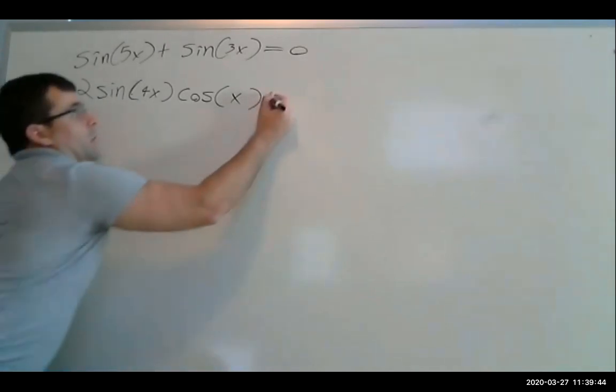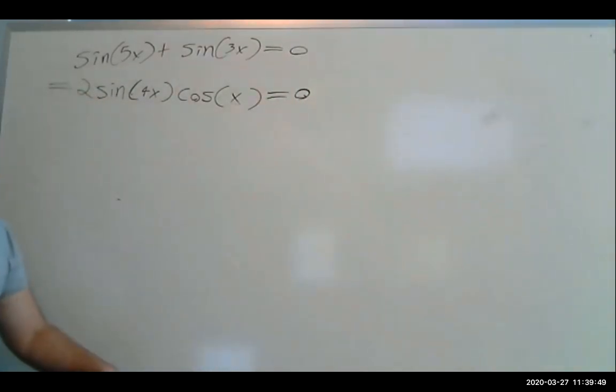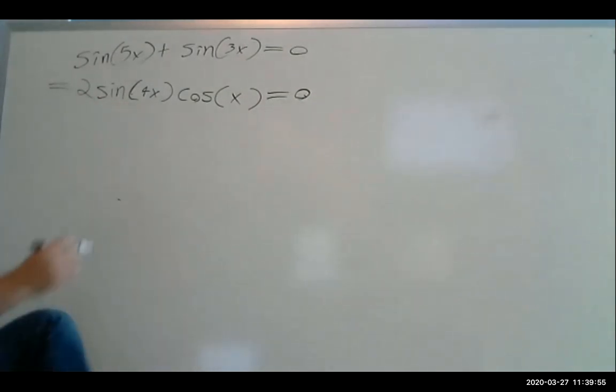So this equals 0. The question is, when does sine of something equal 0?